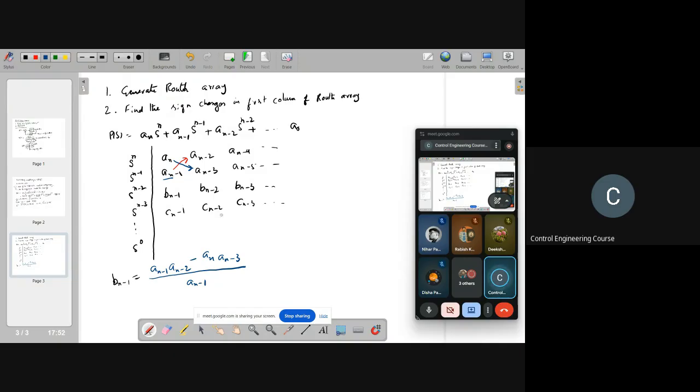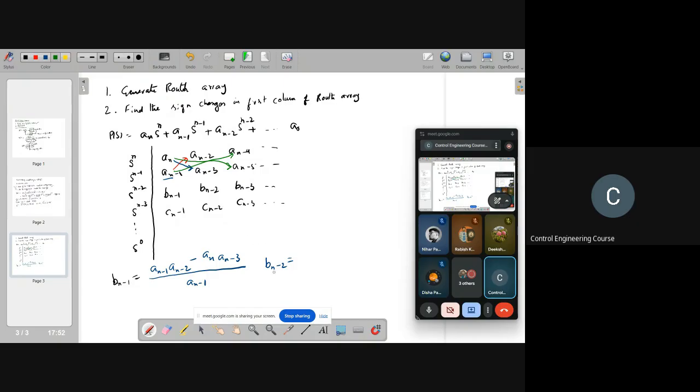Then bn minus 2 will be the product of a n minus 1 into a n minus 4 and the product of a n and a n minus 5.